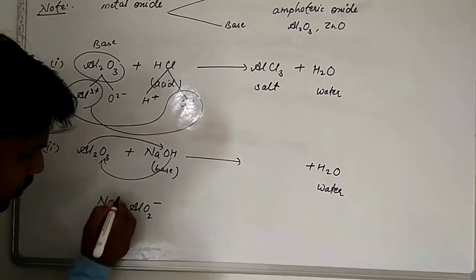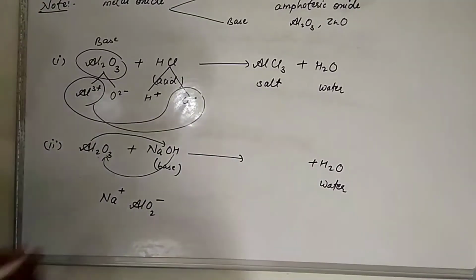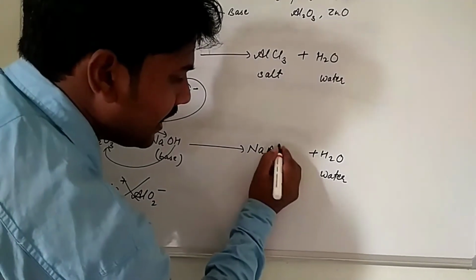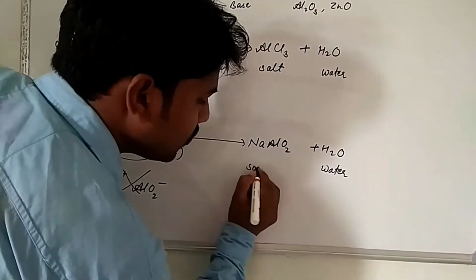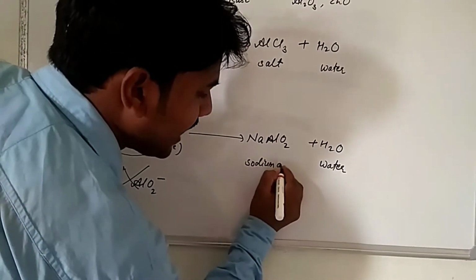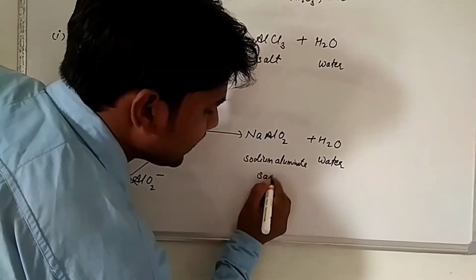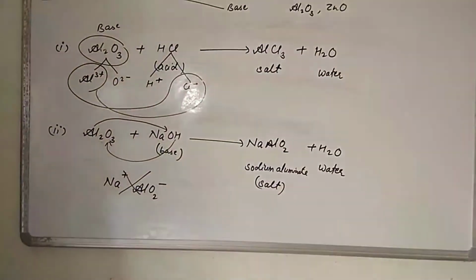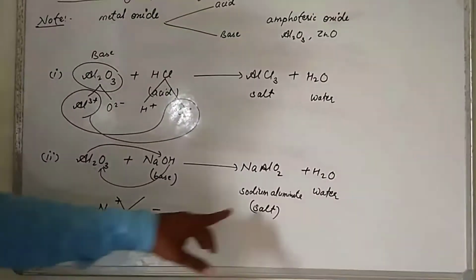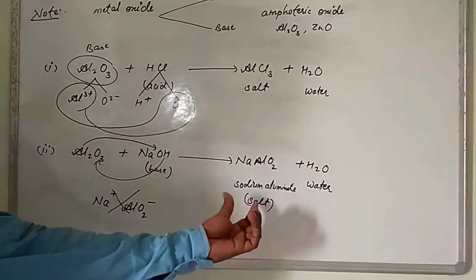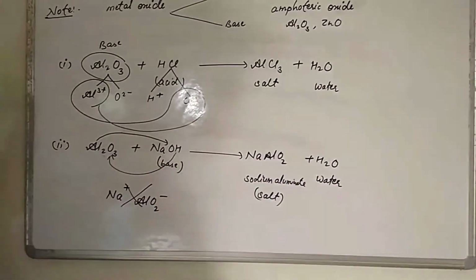Sodium contains plus charge. When it combines, NaAlO2, sodium aluminate, and this is a type of salt. Now children, salt and water, then this will also be the combination of acid and base.